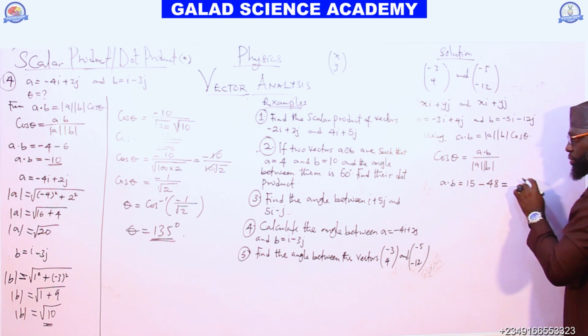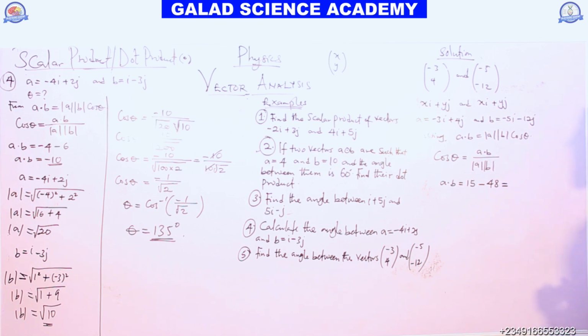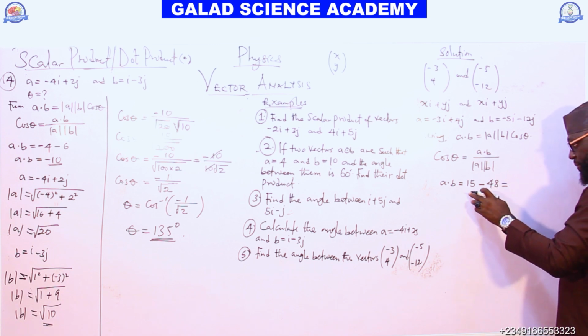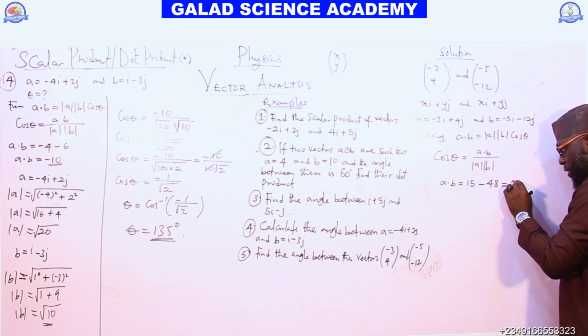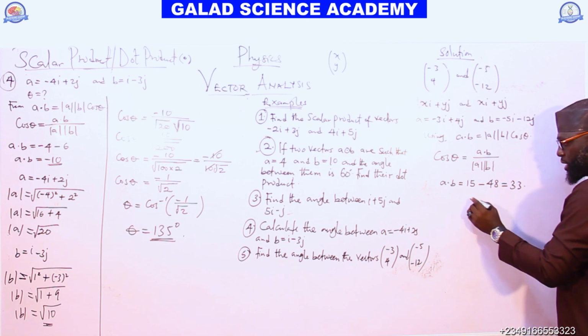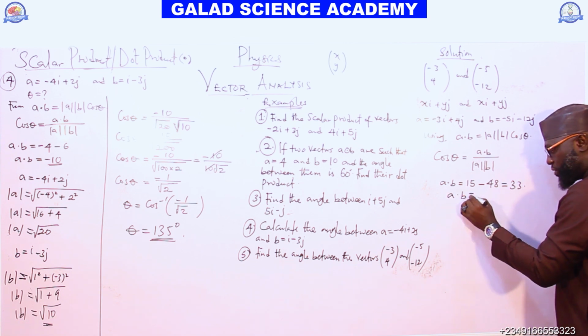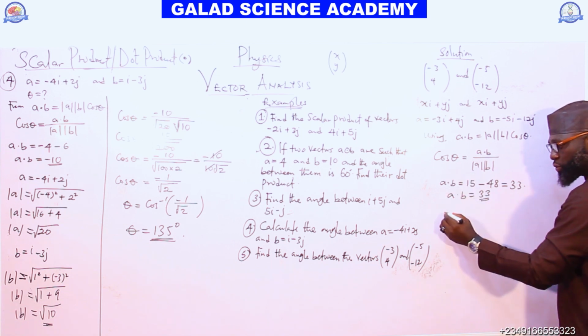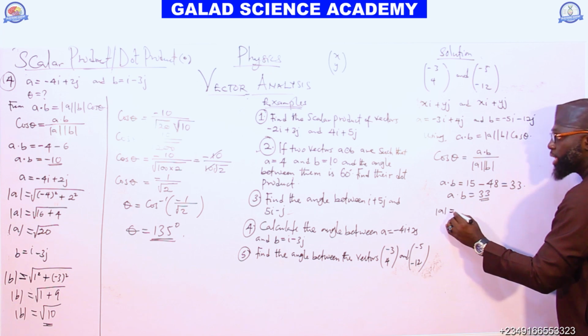So 15 minus 48 gives us minus 33. So A dot B gives us minus 33.